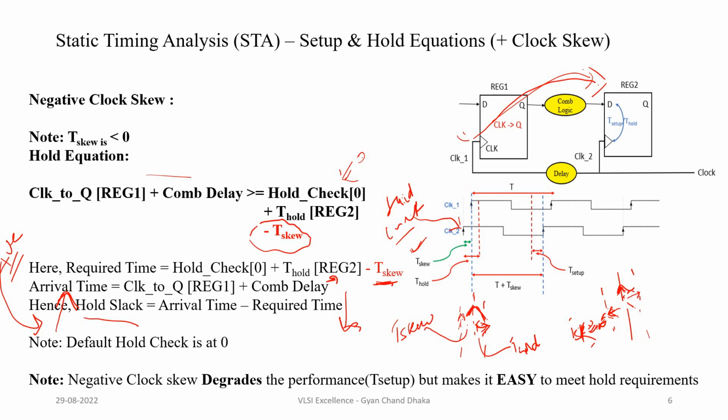That means with negative clock skew, it's easier to meet the hold requirement. So always remember, negative clock skew degrades the performance, that means it reduces the setup slack, but it increases the hold slack, making it easy to meet the hold requirement. I hope the impact of negative clock skew on hold and setup timing equations is clear.